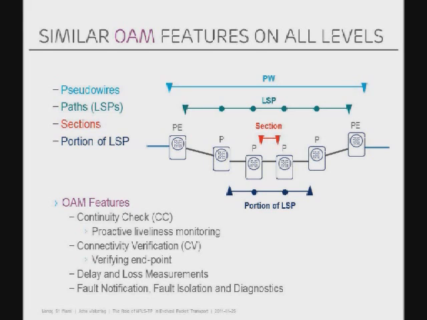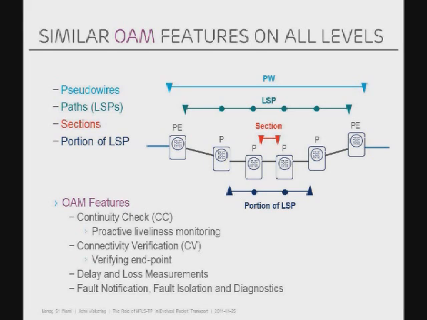So the features that we can run over the OAM are clearly the continuity check capability. The continuity check capability is being used for triggering the restoration if a failure is detected. It can also be used for connectivity verification. When the service is not working, you may want to find out where it gets broken, and with the connectivity verification capabilities, you can actually find out the point where it goes wrong.